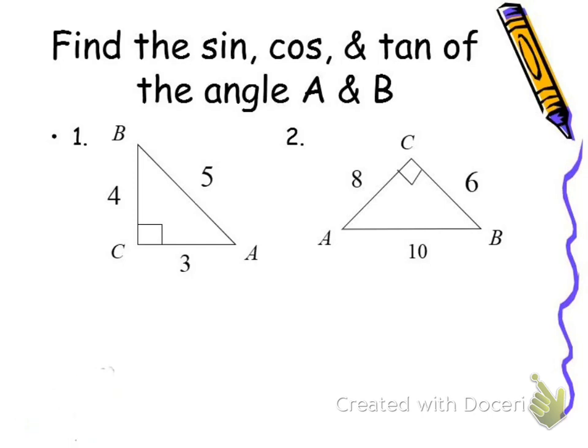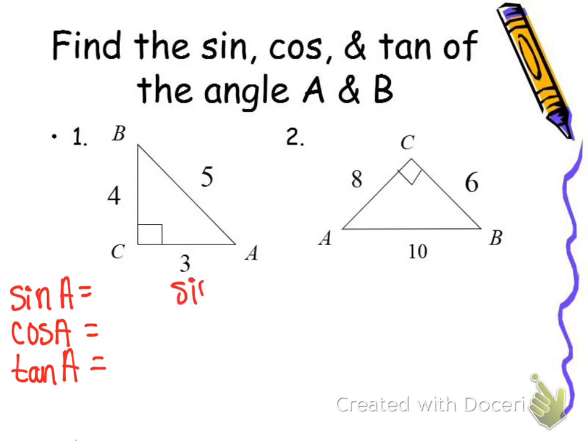So I'm going to be not calculating, but identifying the sine of angle A, the cosine of angle A, the tangent of angle A, sine of angle B, cosine of angle B, and tangent of angle B.